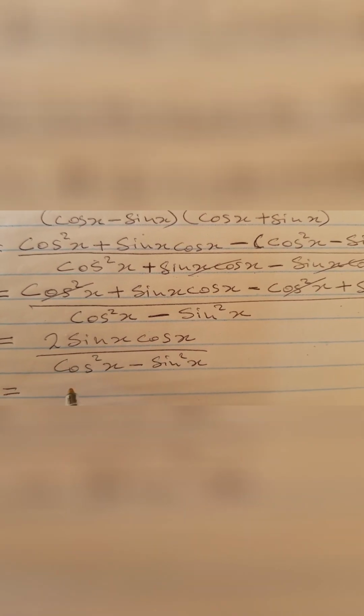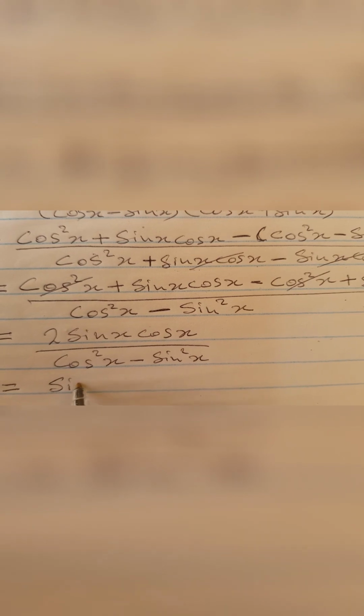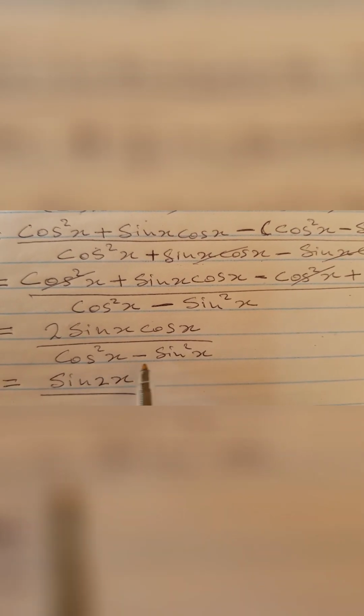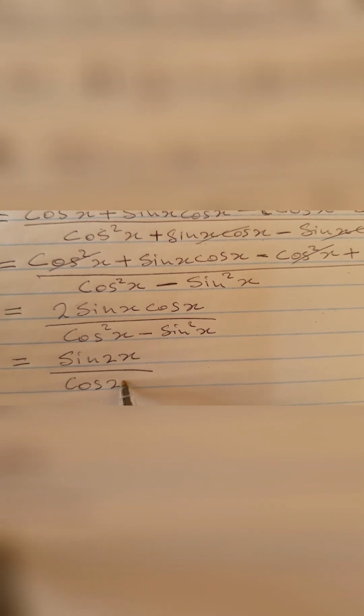And then we look where we started. We said that tan 2x is going to be equal to sine 2x over cos 2x. Now here we see that this is the double angle. So we write the 2 sine x cos x as sine 2x all over the cos squared x minus sine squared x, we know that it is cos 2x, which is what we said in the beginning that we wanted.